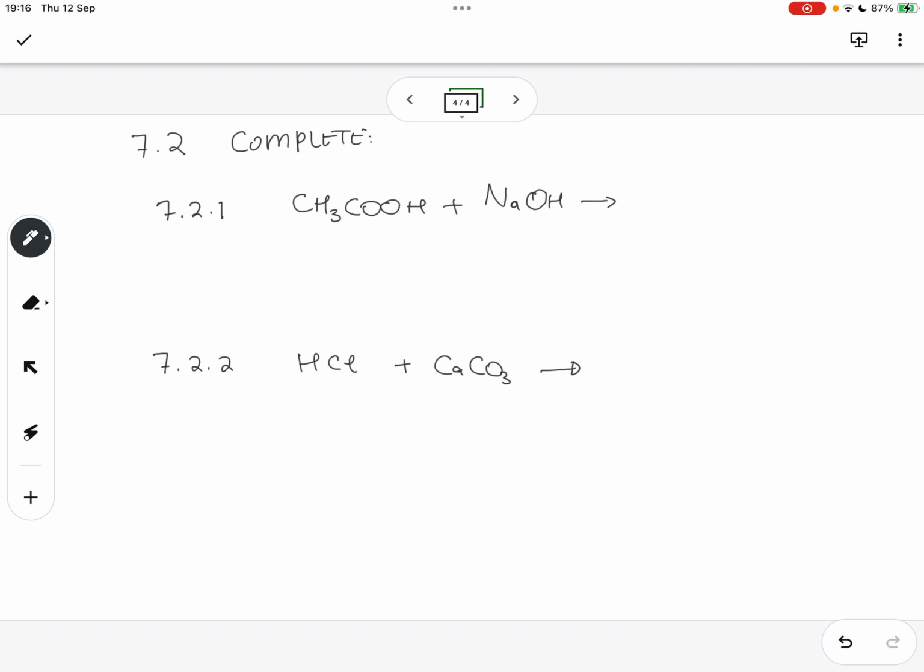Let me open a new slide. Yes, these ones. We must complete these reactions. That's what we are asked to do. We are asked to complete these reactions.